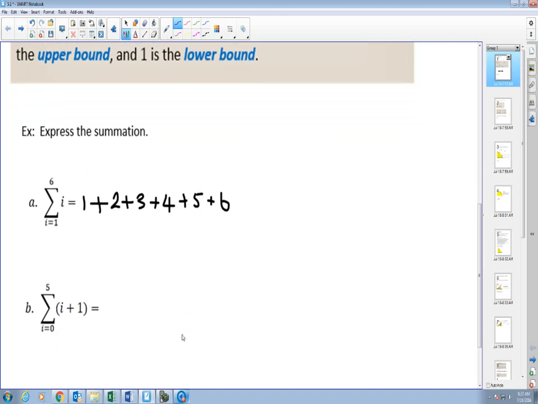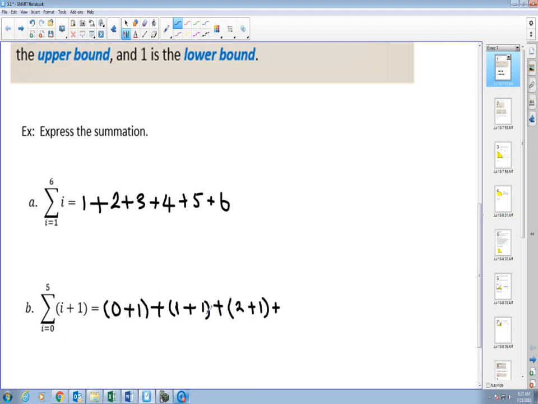If I need to write the summation from i equals 0 to 5 of i plus 1, my beginning has to be 0, so that will be 0 plus 1, plus the next one. After 0, the next i is 1, so 1 plus 1. The next one after 1 is 2, still plus 1, because this plus 1 is always going to be there for this problem.